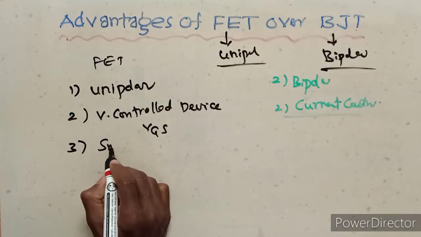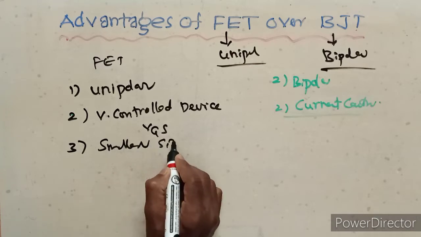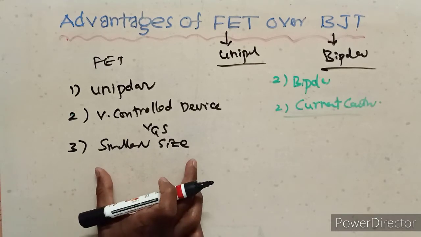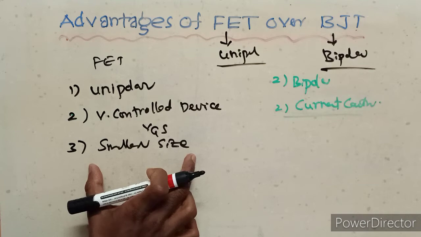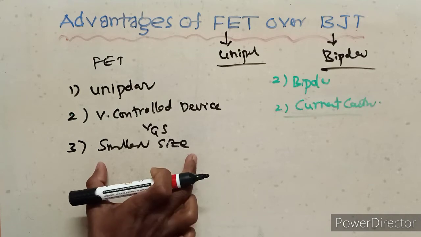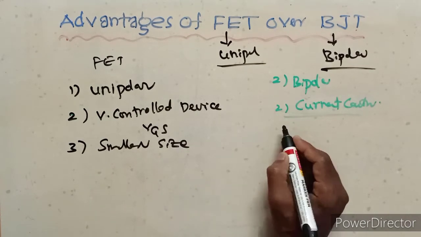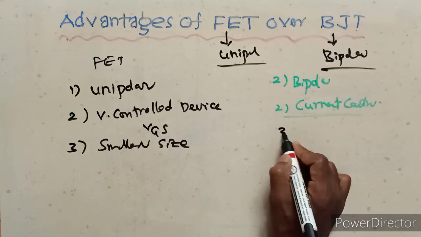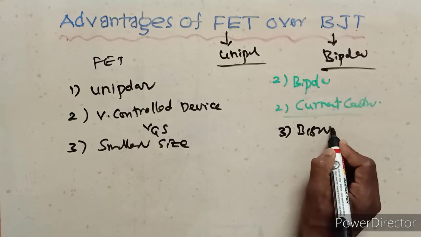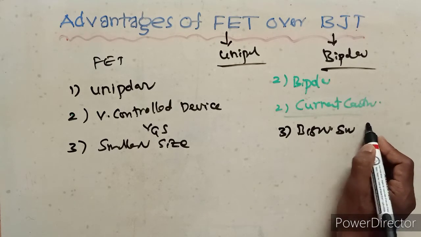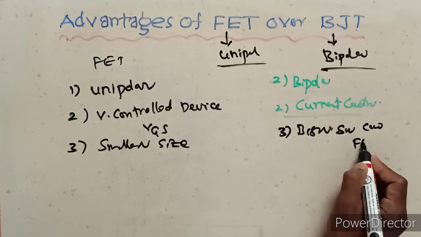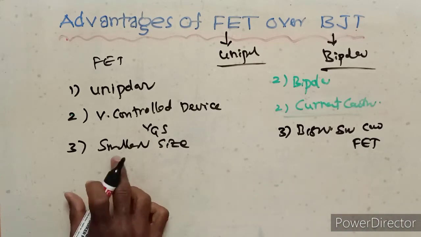Next, third point: FET is the smaller size. We know that it occupies a very small space, smaller size than transistors. BJT is the bigger size compared to the FET. So the FET is the smaller size.